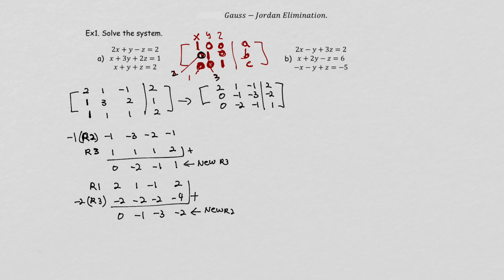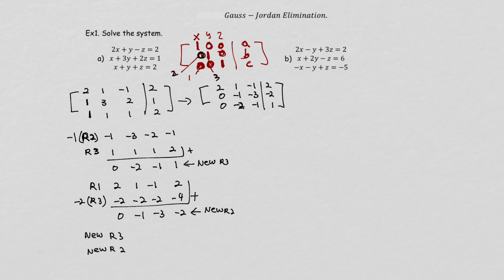Now using these two new rows, you should be able to get rid of the negative 2. In order to get rid of negative 2, what do you need to do? You want to do a mixture of new row 3 with new row 2.